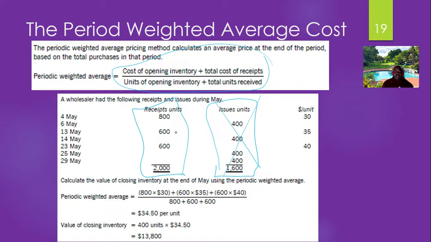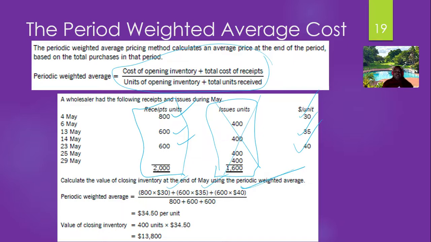So periodic weighted average is equal to 800 multiplied by $30 per unit, and these are the prices per unit, the cost per unit. You can see there on the last column. So 800 multiplied by 30, 600 multiplied by 35, and 600 again multiplied by 40. As you can see, there are two 600s there, and then that's the 800.